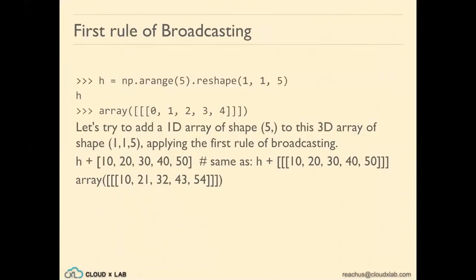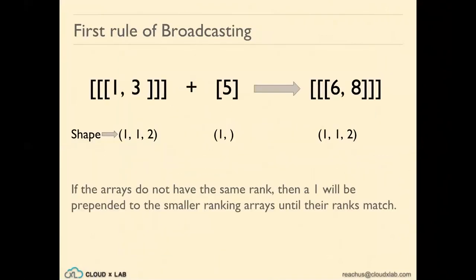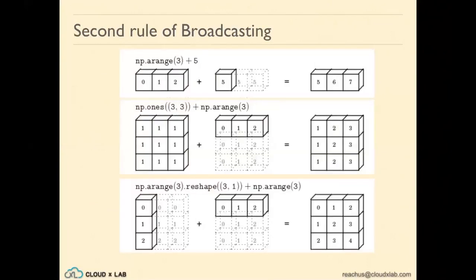So the first rule tries to add one more dimension, and the second rule tries to repeat elements. The first rule of broadcasting applies in cases where we are adding two dimensions with three dimensions and things like that, when the dimensions are different. And the second rule applies when the sizes are different. Does it make sense to you?